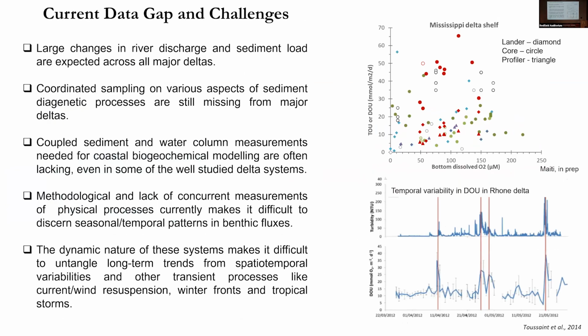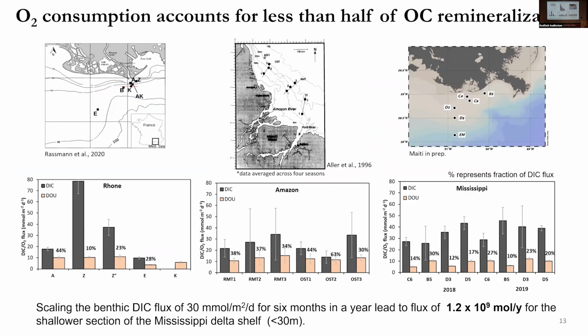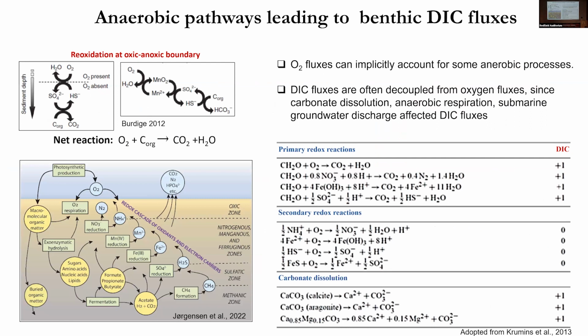So we can kind of start looking at all the other reactions. We don't have to look at that in detail, but what we can see here is the first line is aerobic respiration, everything else is anaerobic respiration, and all of them contribute to DIC fluxes. So we can use DIC as a more comprehensive signature of organic matter fluxes happening in these sediments.